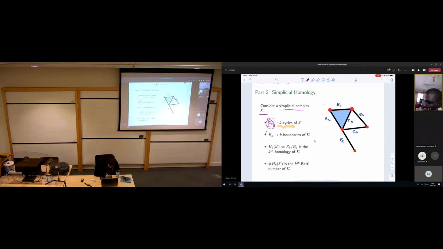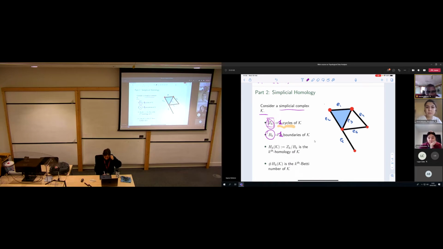Similarly, we can consider the set of all its k-boundaries for each dimension k. Again, let's just think about one-dimensional cycles and one-dimensional boundaries, just to have a picture in mind. The picture is going to be the same as the examples I gave.